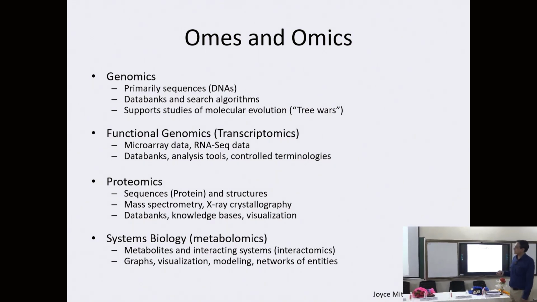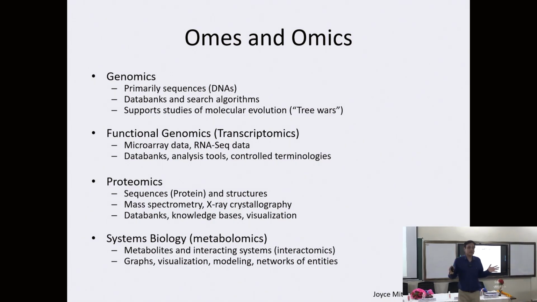Systems biology, or metabolomics. Metabolites are the products of metabolism, and they are really important because they can interact and that can result in some phenotype. Some processes can happen and there may be some phenotype. So you would want to understand how these biomolecules interact. There is a fast evolving field called interactomics, about how different molecules interact.